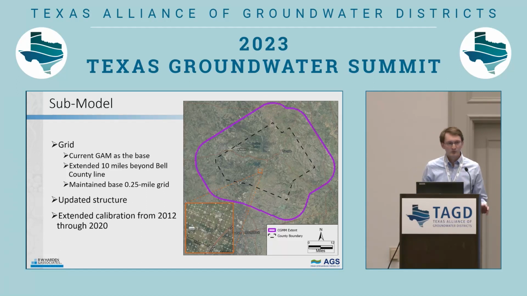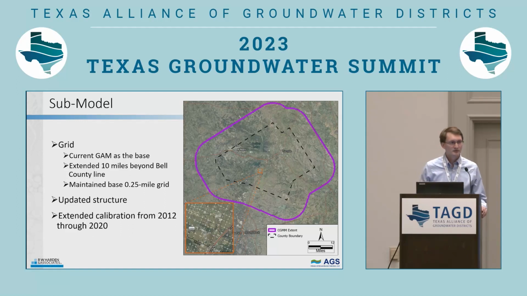So the submodel was extracted from the Northern Trinity Woodbine GAM and is focused around Bell County. The submodel grid maintained the same layering and the same cell size, so it's 1/4 mile by 1/4 mile. The purple line here beyond Bell County is the perimeter of the active model area, which is a 10-mile buffer around Bell County.